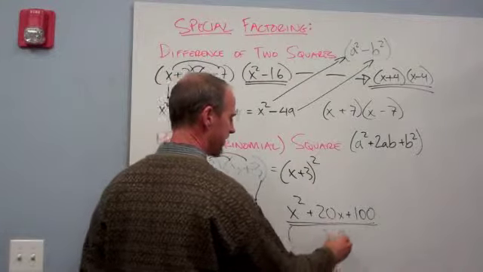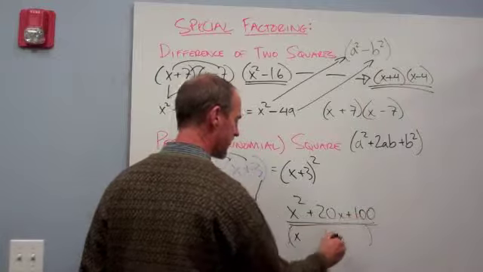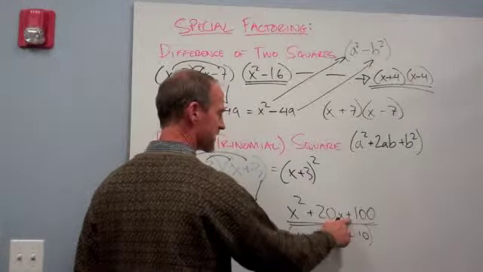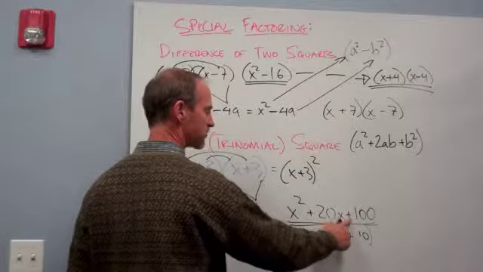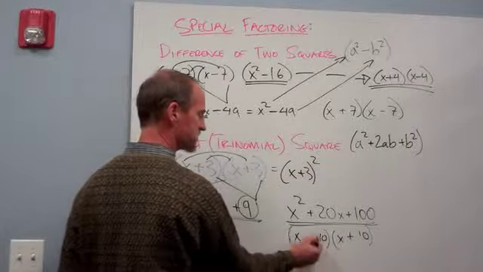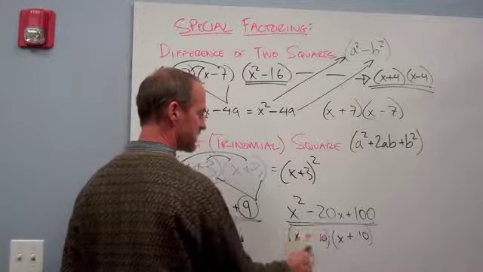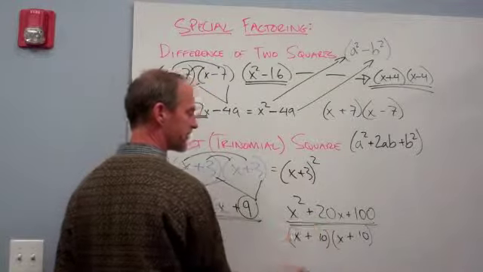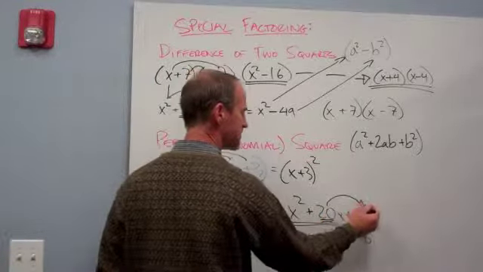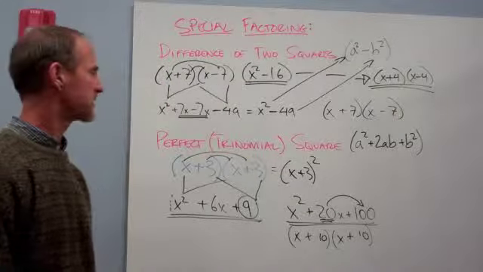If I want to factor this, all I need to do is write x and the square root of that, 10 and 10, and you'll see that whenever that sign is going to be a plus, this will work. If that's a minus, it will not work, but it's always 2 of whatever those signs are, plus and plus. If this had been a minus, these would have both been minus signs, all right? So again, half of this squared has got to be equal to that, all right? That's a perfect trinomial square.